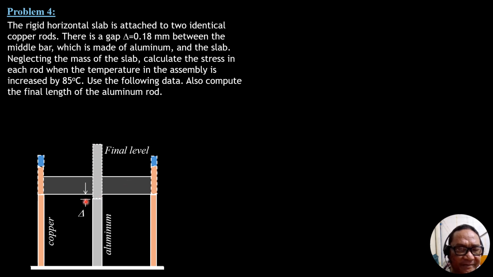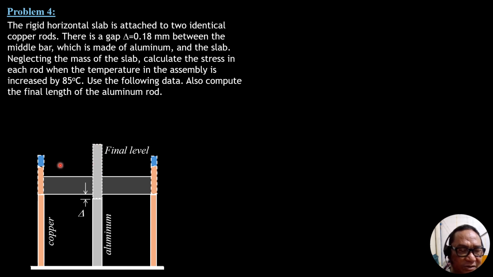From this initial position to its final position, we have here the delta T due to temperature in aluminum. Then from the initial level of each copper rod to its final level, this orange here, that's delta due to temperature change. Then the blue one is an extension because the expansion of the aluminum rod is longer.